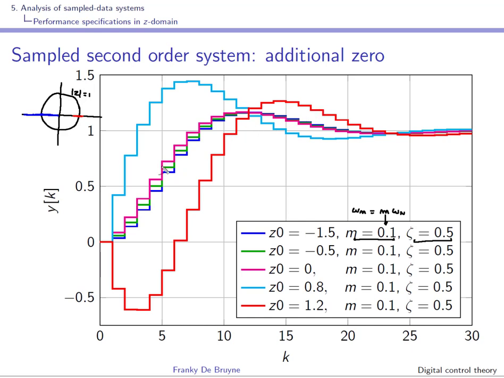So you can see that in this region over here, the influence of the zero is large, and if we would continue further down this line over here, then the influence would be rather small again.